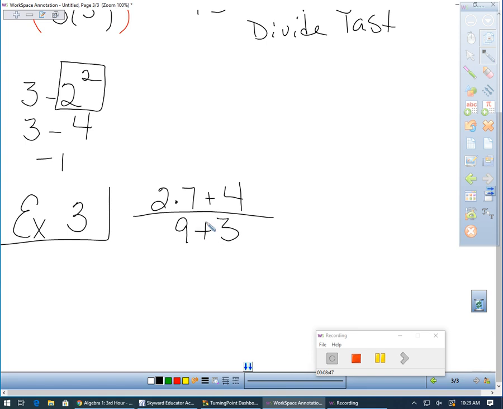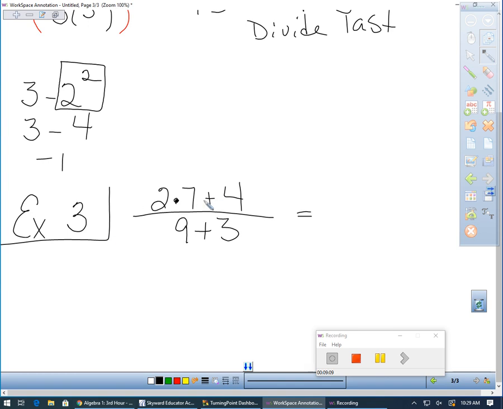All right. I'm asking you to simplify this. It's order of operations, but because it's in fraction form, we're going to simplify the top, simplify the bottom, and divide last. So on the top, what do we do first? Yeah, that's a multiplication right in there.